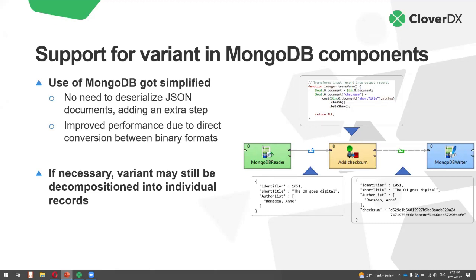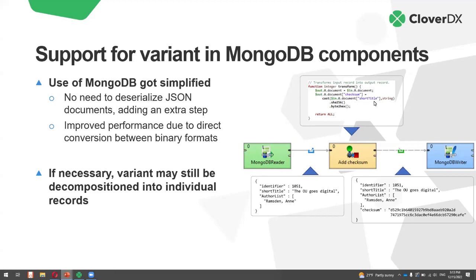With 5.17 onwards, you can deserialize into variant, or you can read data in variant, which is essentially a binary format native to CloverDX. And you can manipulate those objects directly in variant. So, for example, if I would like to create a checksum of my MongoDB document, I can just add it.